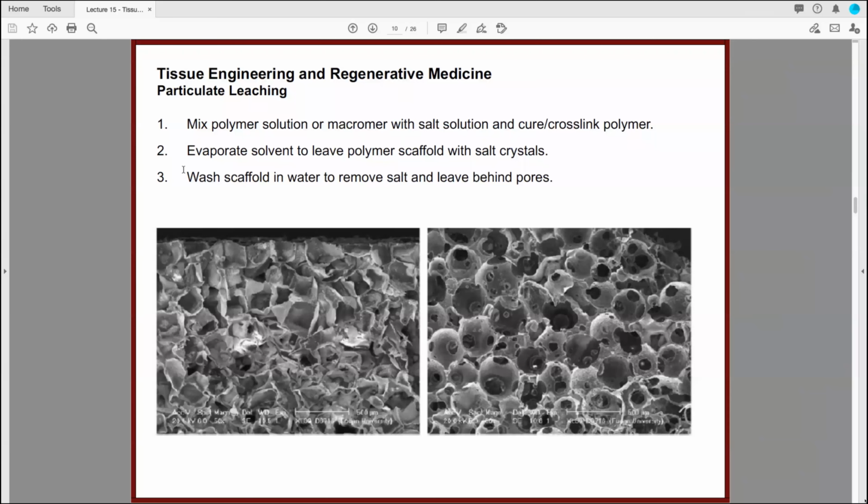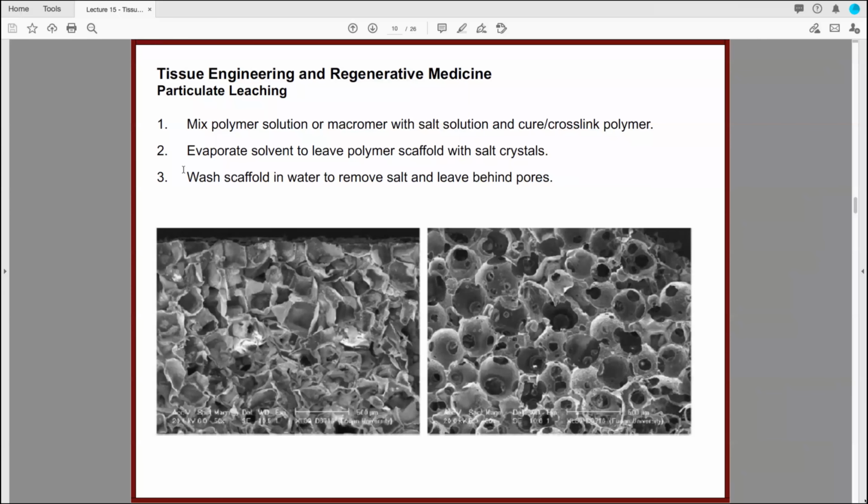And then you wash the scaffold with water in order to dissolve the salt and leave behind the pores. Obviously, with these porous materials, we can modulate the size of the pores depending on what salt we use. We can change the pore size, and we can change the shape of those things as well.